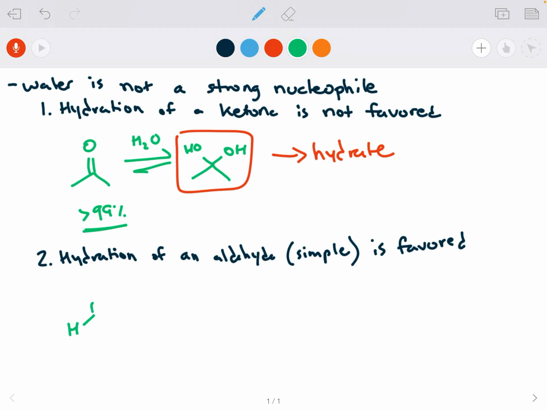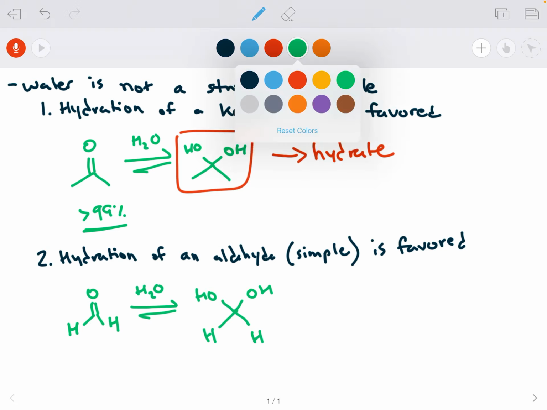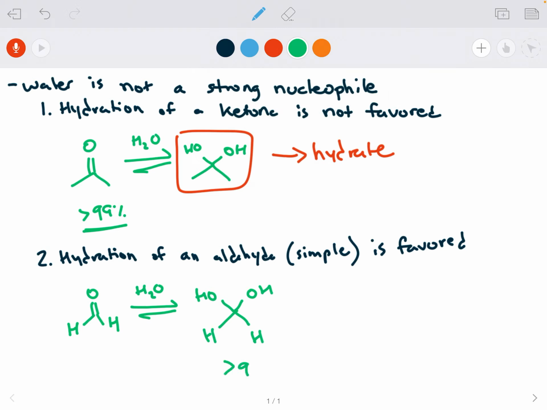So now if I'm reacting formaldehyde with water, and notice all of these are equilibrium reactions, when you have a weak nucleophile like water, its reaction with a carbonyl group is always going to be in equilibrium. So this time when I'm forming the hydrate, now greater than 99% of the product will be the hydrate.